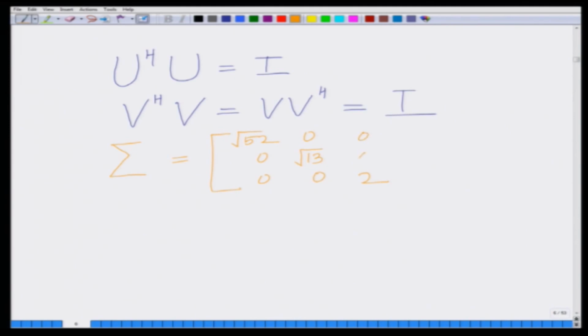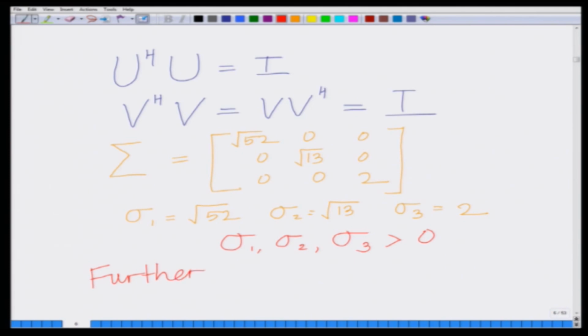So, sigma is a diagonal matrix with singular values sigma 1 equals square root of 52, sigma 2 equals square root of 13, sigma 3 equals 2. Therefore, all the singular values sigma 1, sigma 2, sigma 3 are greater than 0. So, the singular values are positive.